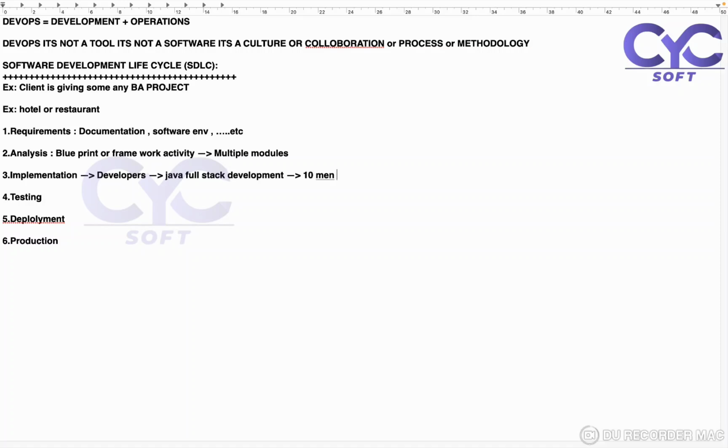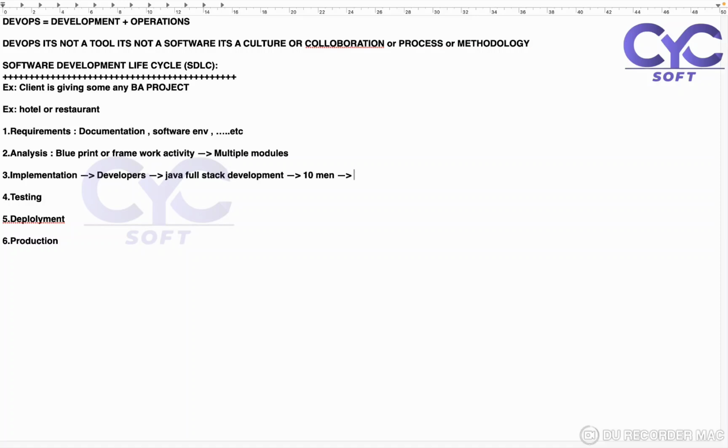Suppose one person will go with a login page, one person will go with services, one person will go with API, one person will go with some interface level. Like this all the 10 members will take different modular evaluations based upon the blueprint. Then they'll go on with the implementation part.